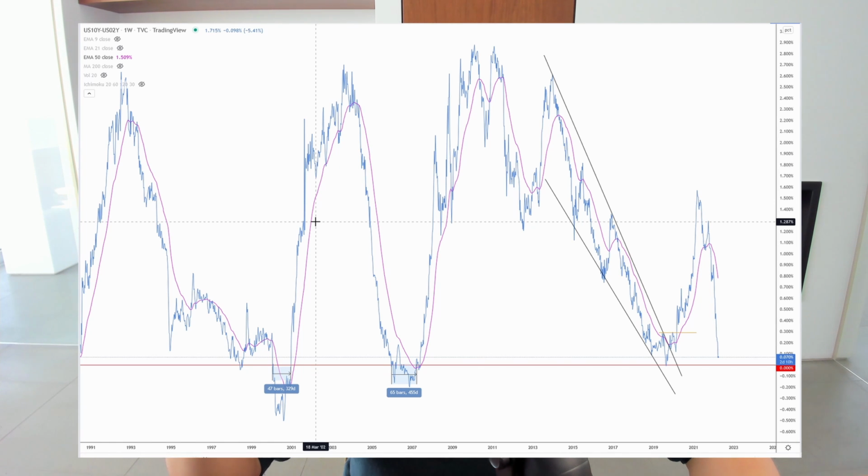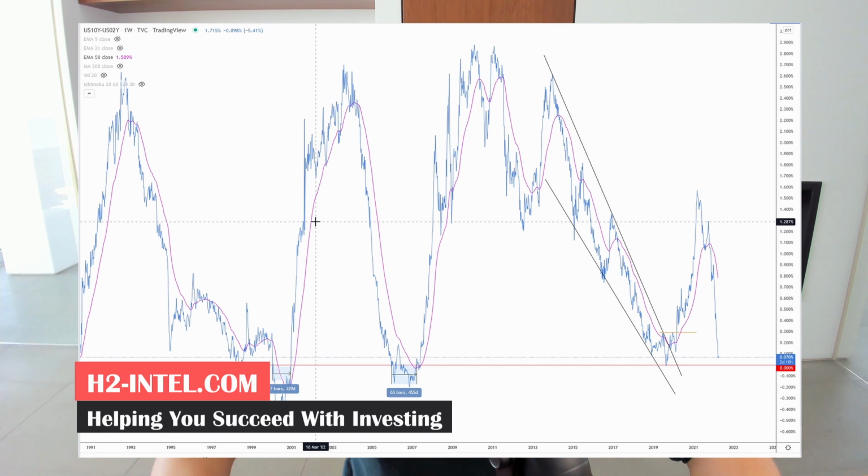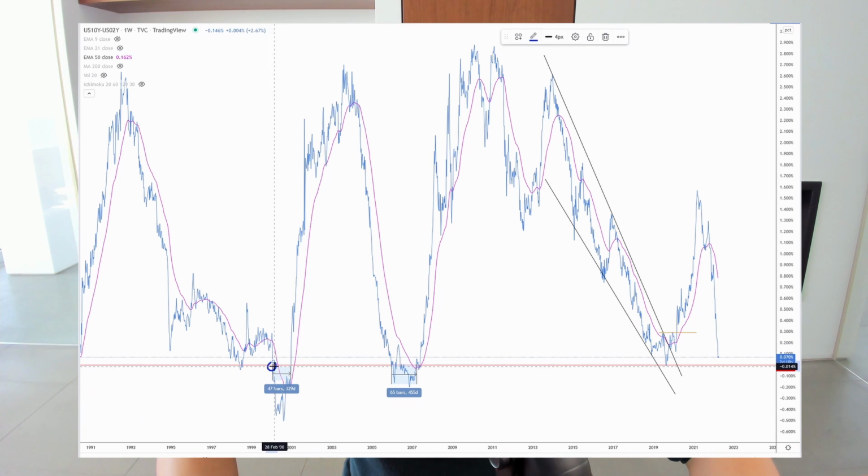But the timing is not 100% clear, because as you can see here, if the yield curve inverts in 2000, it can take maybe 10 months, 12 months, a year, till this curve goes up again. And usually then is the time when asset prices like stock markets are negatively affected.